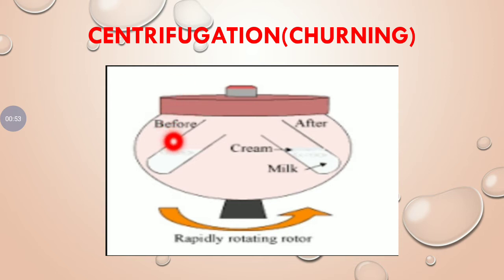The milk is in one form only, that is, only milk is seen. But now after rotating, we can see there are two layers. In the upper part cream is separated and in the lower part milk is present. So basically this is a method of separating a solid from a liquid. Now we will discuss it in detail.